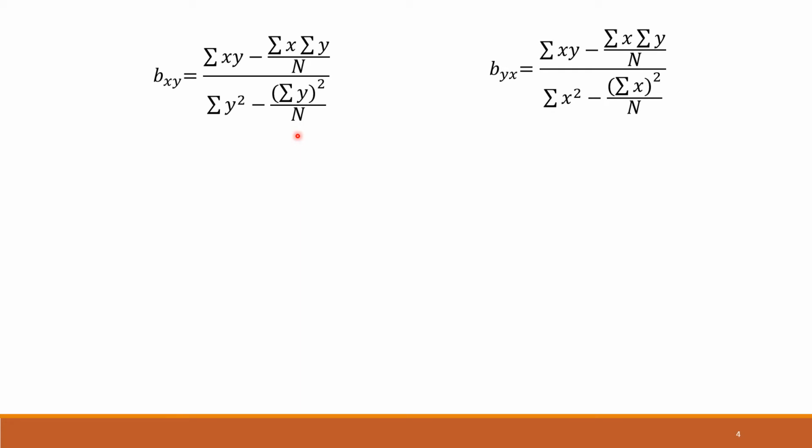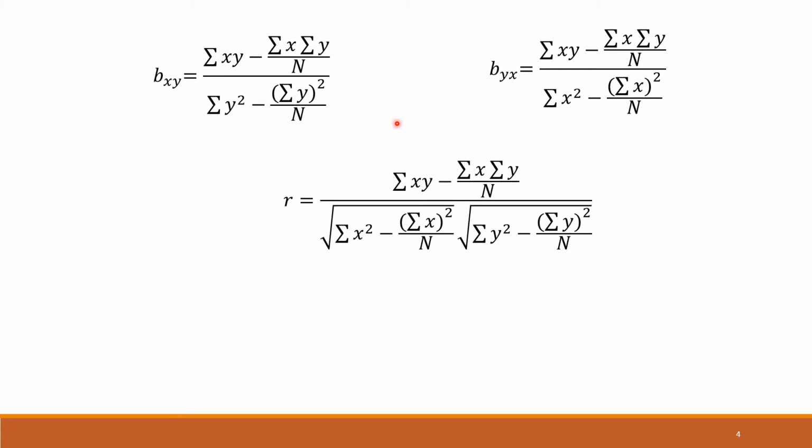Similarly, byx, and if I multiply both, we will get r squared is equal to bxy into byx. So all these things we have seen in the previous lecture. So what we have to remember is byx into bxy is r square, and then byx is r sigma y upon sigma x, bxy is r sigma x upon sigma y. So all these formulas are to be remembered.